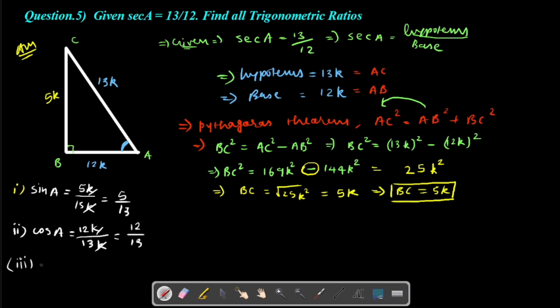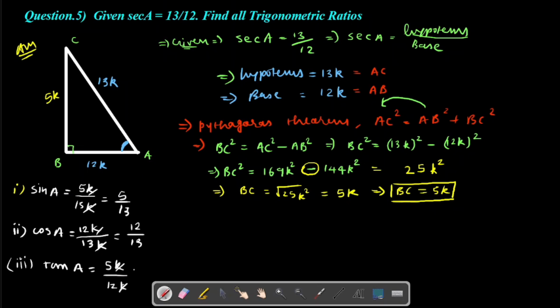Now the third one. The third one is what? Tan A. Very good. We also know the value of tan A, which is equal to perpendicular upon base. The perpendicular is BC, which is 5k, so we write 5k upon the base, which is AB, 12k.